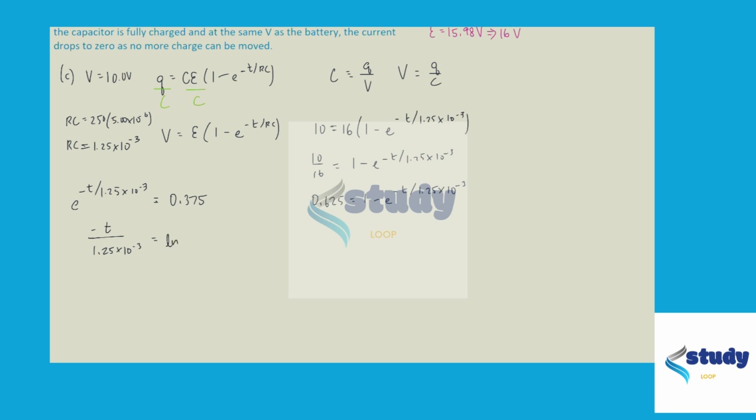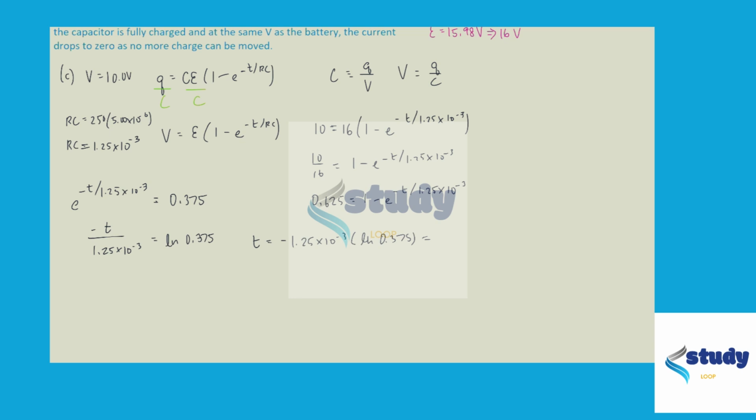And I have negative t over 1.25 times 10 to the minus third equals the natural log of 0.375. And so my time t will be equal to negative 1.25 times 10 to the minus third multiplied by that natural log of 0.375.